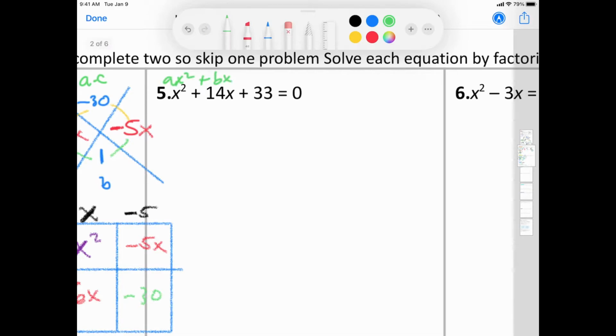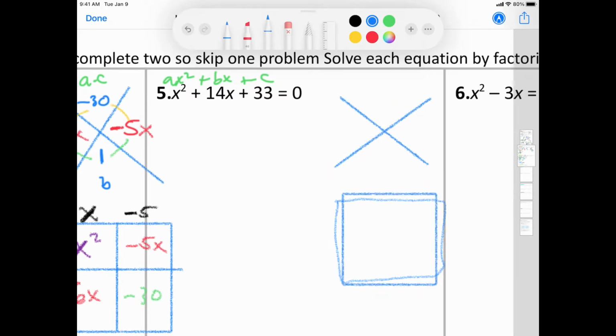It has a b value and a c value. Let's go ahead and do our x. A times c, this gives me 33. My b value, which is 14.